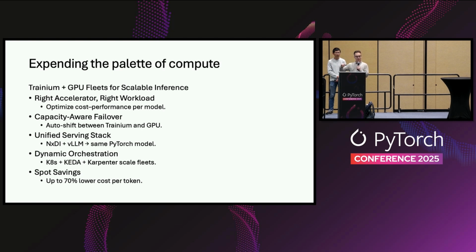vLLM is the serving abstraction of the same PyTorch models, and then you have backends that are powered by either Neuron or CUDA. Kubernetes and Karpenter are the components that help you build, shift traffic, allocate resources, and so on.